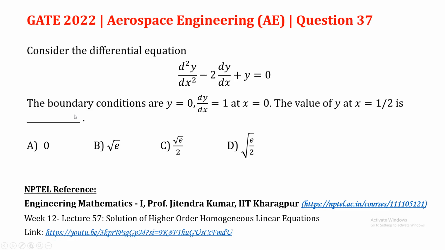We have also been given the boundary conditions: at x is equal to 0, y is equal to 0 and the derivative of y is 1, and we just have to find the value of y at x is equal to 1 by 2, right? We have been given four options: 0, root e by 2, root of e by 2.